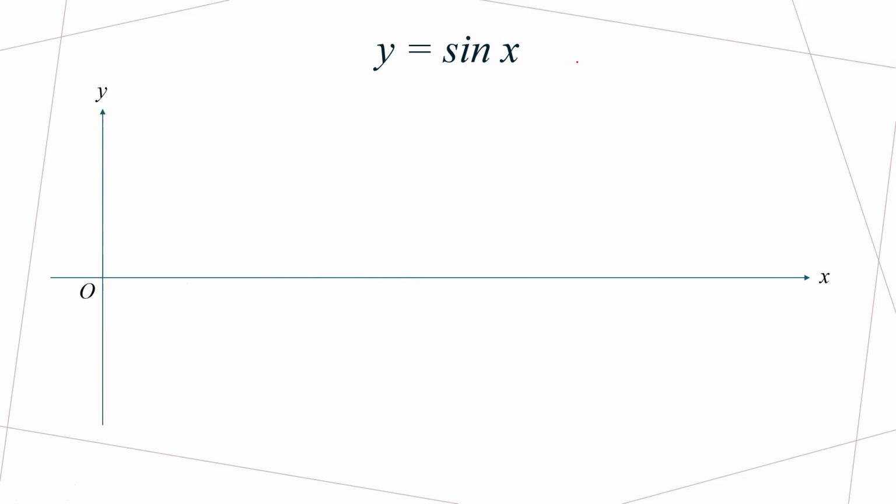So we have the quadrants 0 to 90, 90 to 180, 180 to 270, and 270 back to 0, which is also 360 degrees. When we spread it over the graph, we mark down the quadrants first: 1, 2, 3, 4.